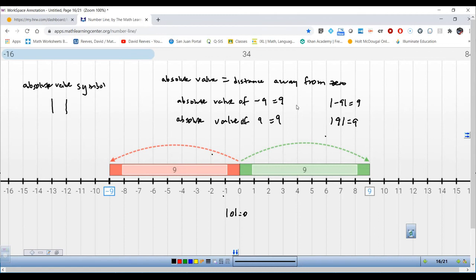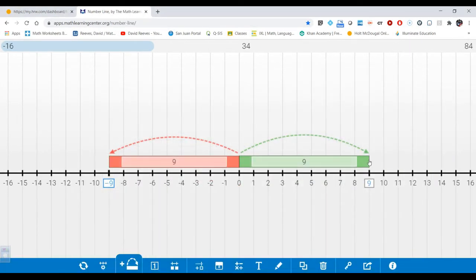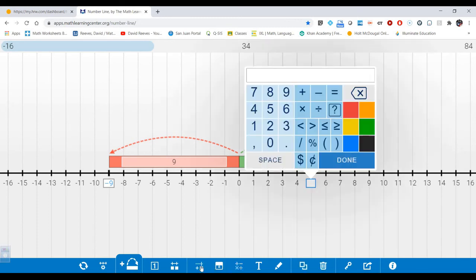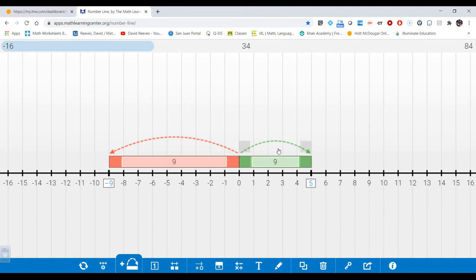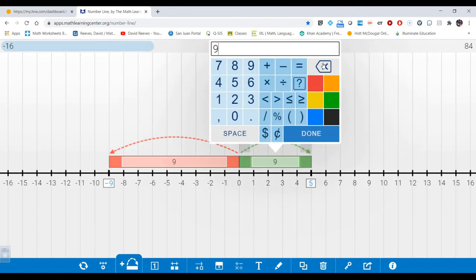All right, so if we go back here, I'm going to change this back to where we were before. Remember, we were at 5 before. I'm going to change that one, and mark this one off as 5, right? And then I'm going to mark that one back to 5.